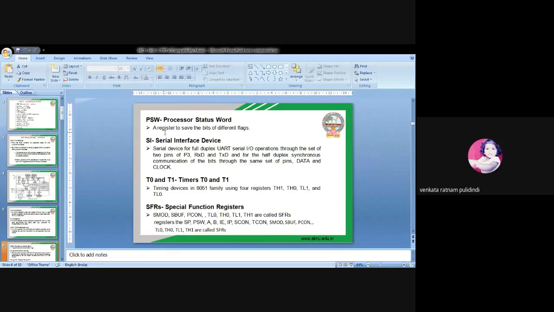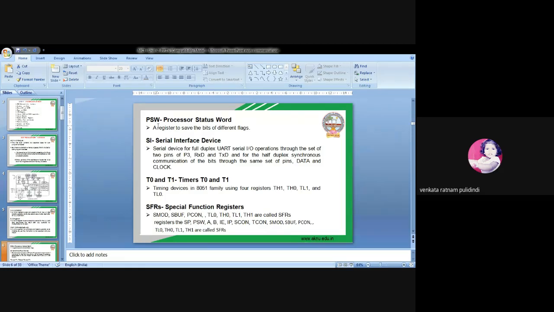Now, the program status word indicates the status of the result. It shows whether a carry flag has occurred while performing arithmetic and logic operations, and sometimes an additional carry is there, which is the auxiliary carry.